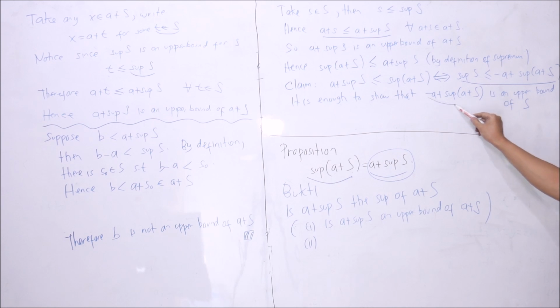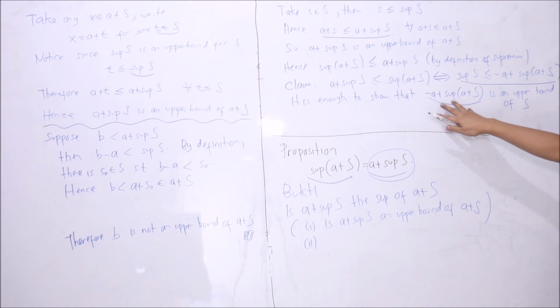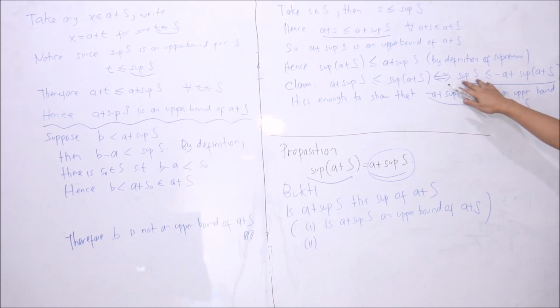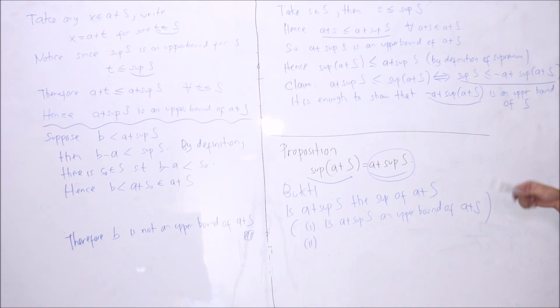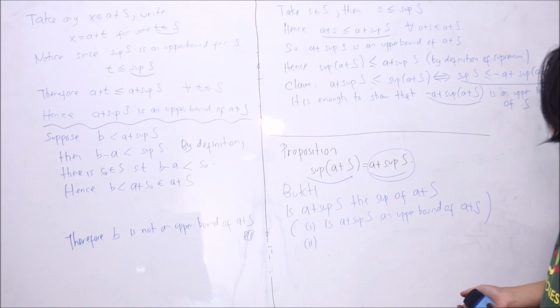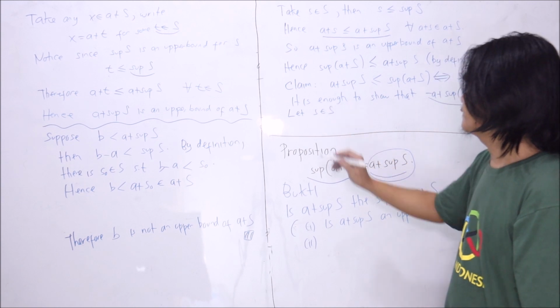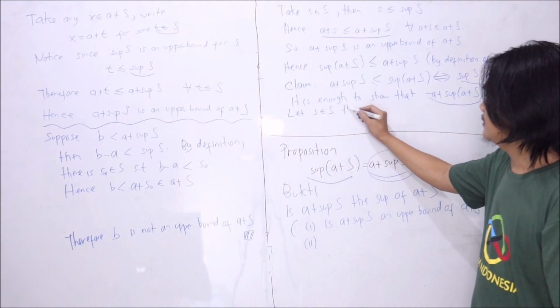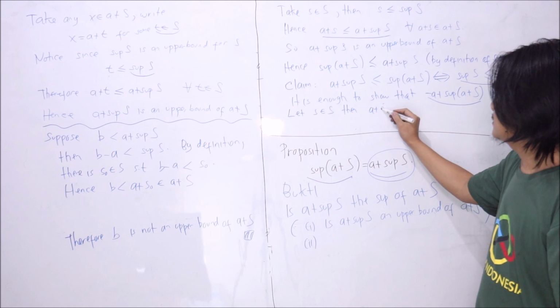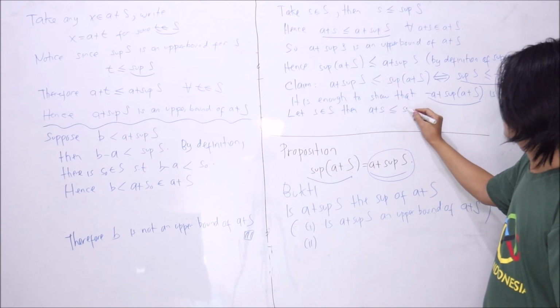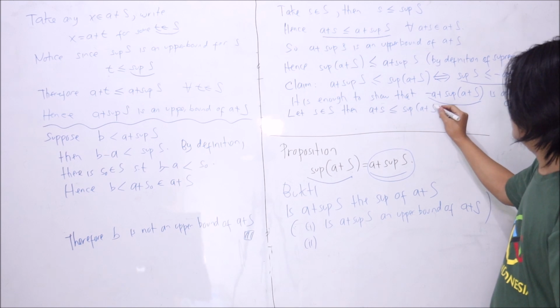Because if this is also an upper bound of S, then every other upper bound of S will be bigger or equal to this sup S, meaning that we have this inequality. Okay, so then we just need to show that every element in S is smaller than this guy, right? So let s in S, okay, then A plus s is smaller than sup of A plus S, which is true, right?